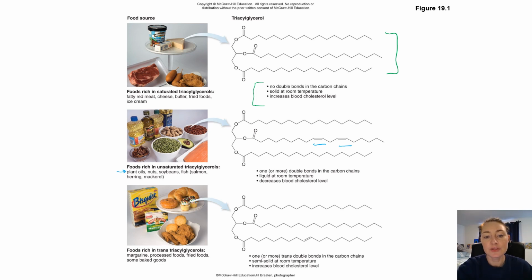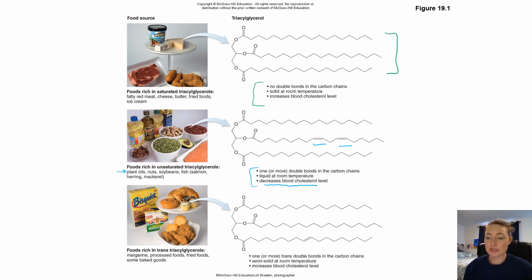The properties that these have is that they have at least one double bond in their fatty acid chain. Because of that, they tend to be cis double bonds, so that causes a kinking in the shape. It cannot pack tightly at room temperature. So these are fats that are liquid at room temperature, and these are responsible for decreasing your blood cholesterol levels.